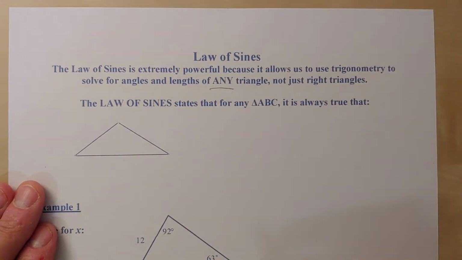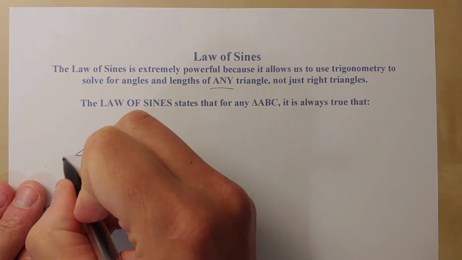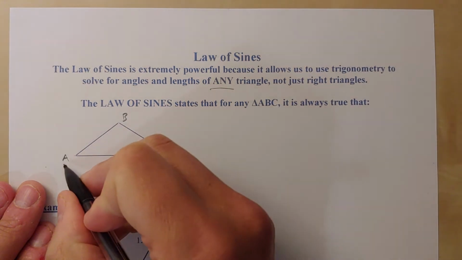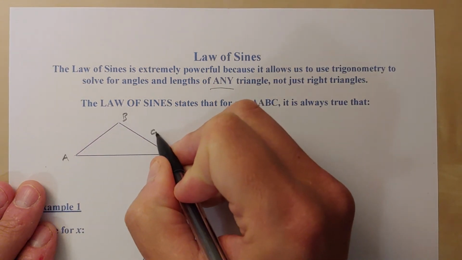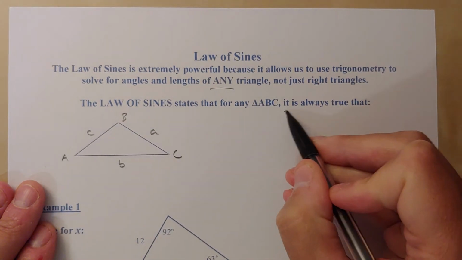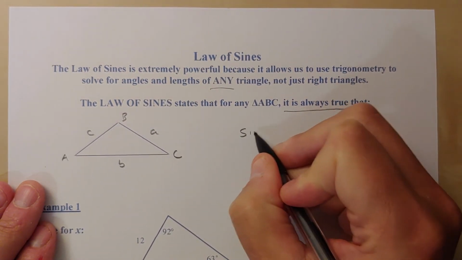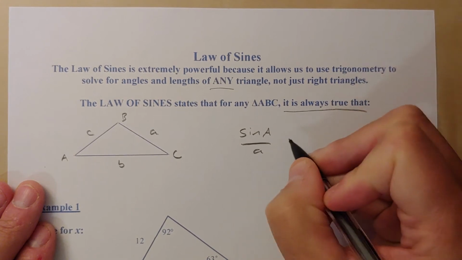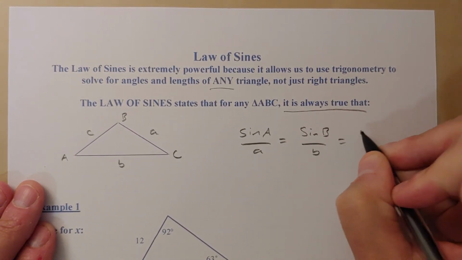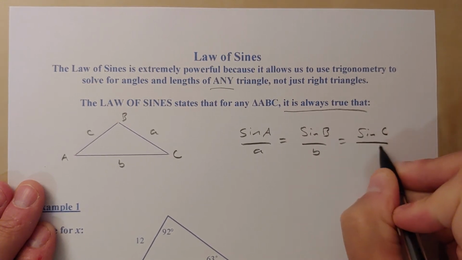The law of sines states that for any triangle ABC, with opposite sides lowercase a, lowercase b, and lowercase c, it is always true that the sine of angle A over little a is equal to the sine of angle B over little b, which is also equal to the sine of angle C over little c.